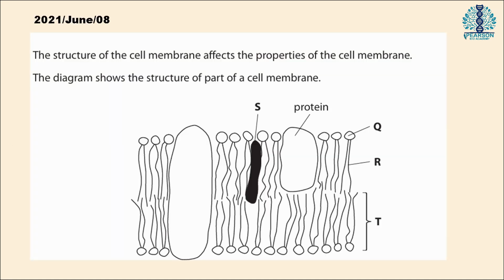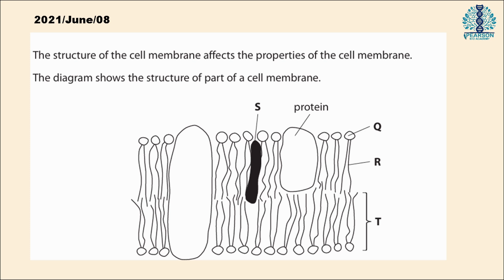Let's begin with a question about the properties of R groups, which appeared in your past paper. This question is from the June 2021 paper. It focuses on the structure of the cell membrane and how it influences its properties.